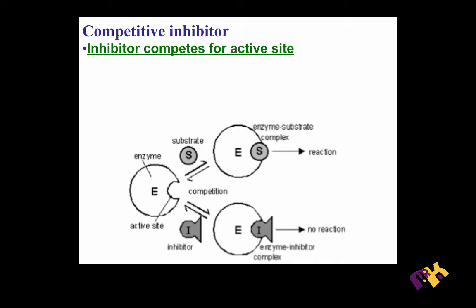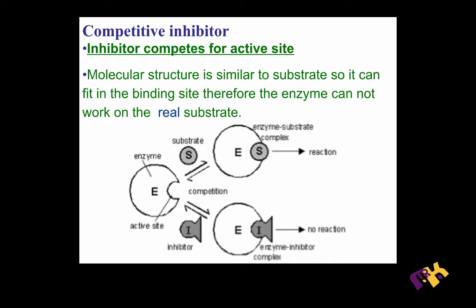A competitive inhibitor is simply going to compete for the active site. Whoever can get there first wins. So in this illustration, we have an enzyme with a little circle for the active site, and the substrate is shaped like a circle and fits in there, and so normally the reaction happens. The substrate fits in there, and the reaction proceeds. We lower the activation energy, the products are made.